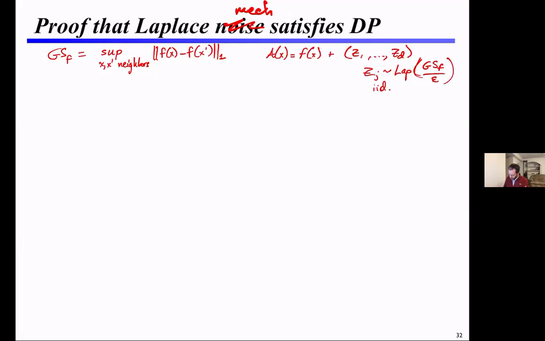Okay, so let's prove our main claim that this mechanism satisfies epsilon-DP. All right, so how do we do this? Well, let's start by fixing neighboring data sets x and x prime, and they live in whatever space the data lives in.